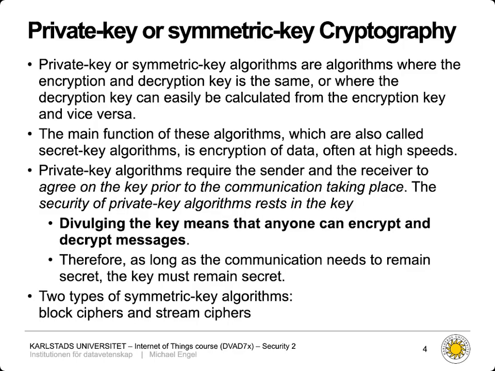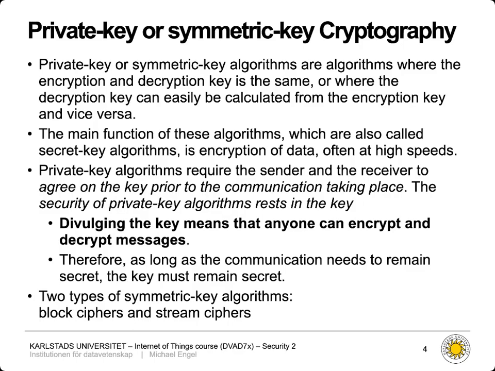For example, you had code books that were transmitted as physical items already in World War II. But of course, this is very cumbersome. If you need to agree on a key prior to a private key communication taking place, there should be better ways to do this.